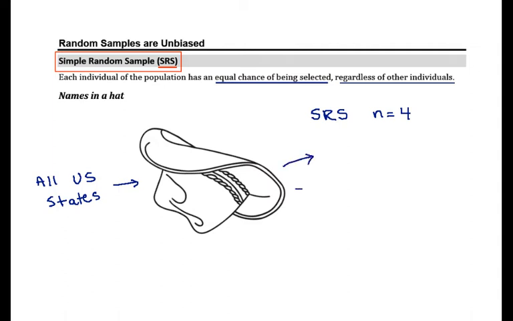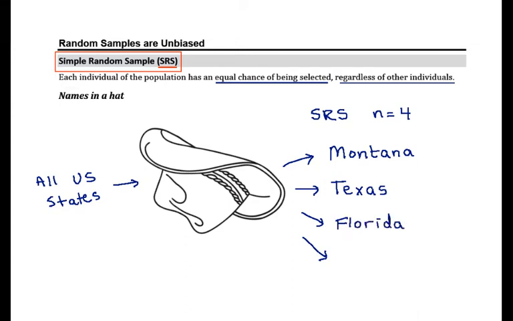I'm going to draw 4 state names out of the hat. And let's choose Montana. We're going to pretend that I did this in a hat. Texas, I actually did this on a website and generated a random sample. Florida, and Ohio.